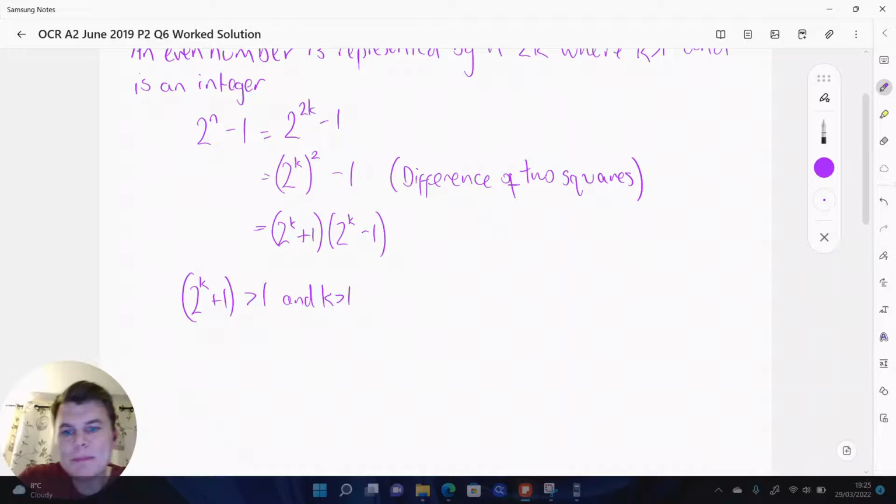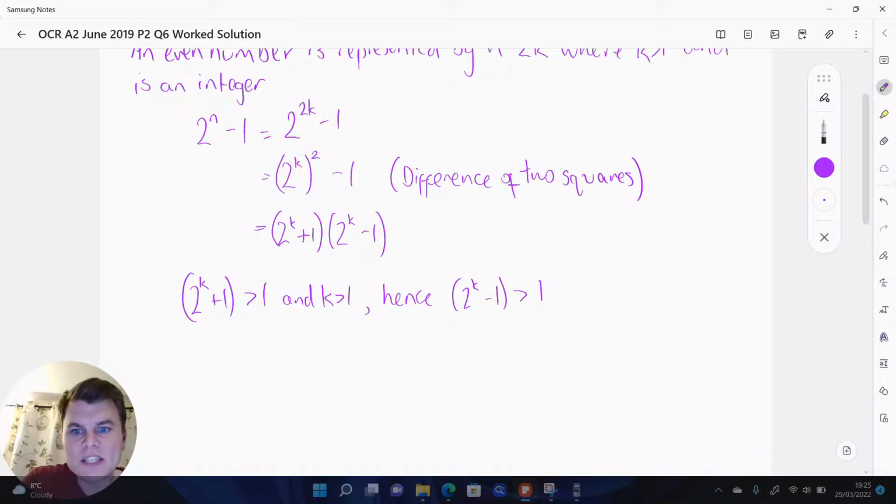So if 2 to the k plus 1 is greater than 1, this would also mean that 2 to the k minus 1 would also have to be greater than 1, due to the definition of the even number that we had at the start.